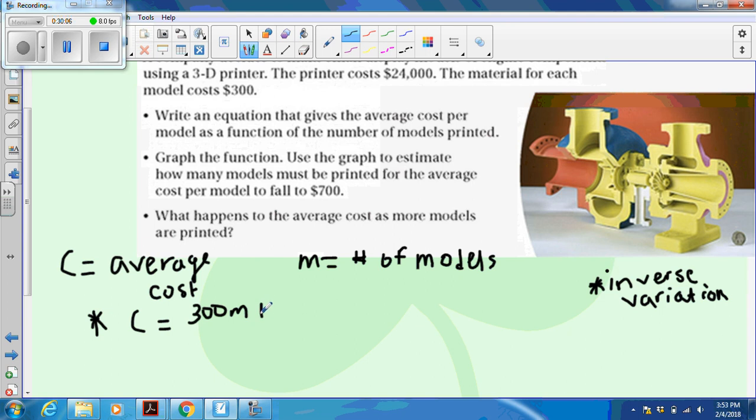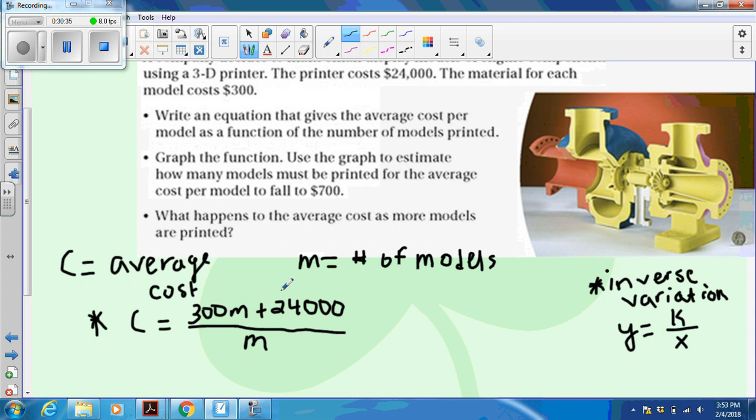Now, you also have to tack on, well, how much does the printer cost? The printer is basically just $24,000. Now, remember, whenever we did inverse variation, it was our y equals k divided by x. So, not only do we have the m in our numerator, but because we're doing an inverse variation, we will also have m in the denominator.